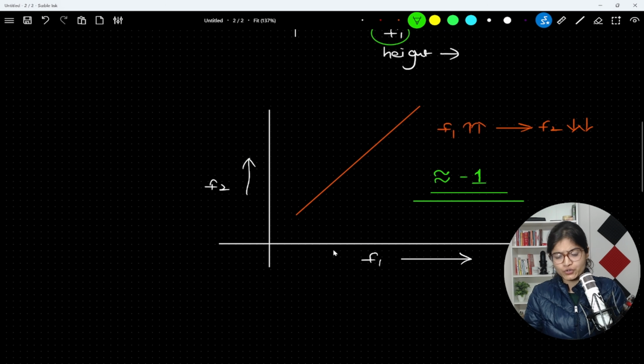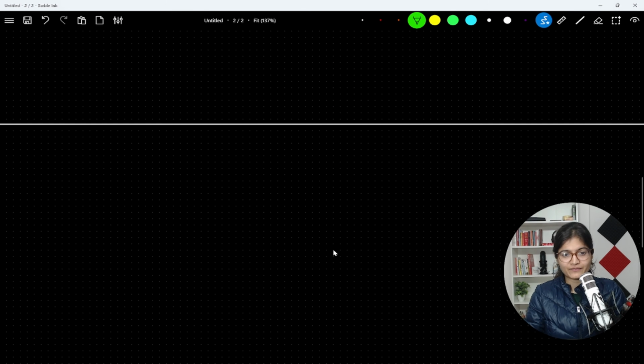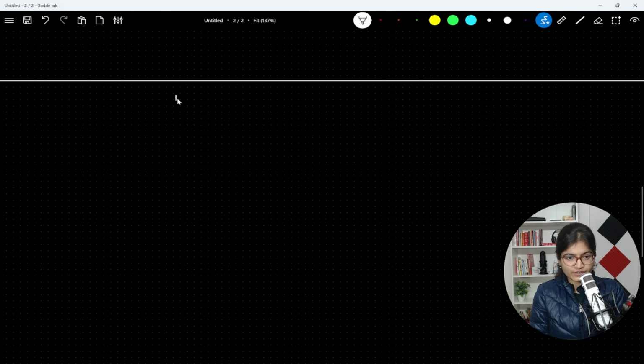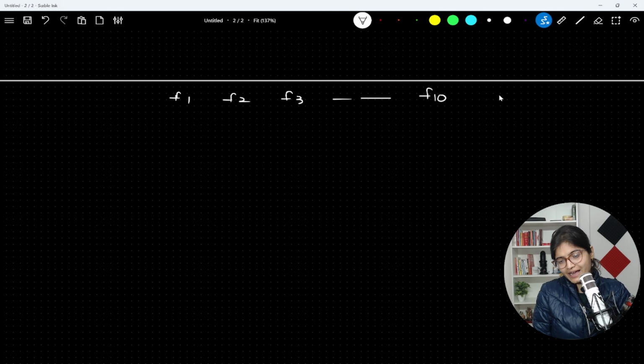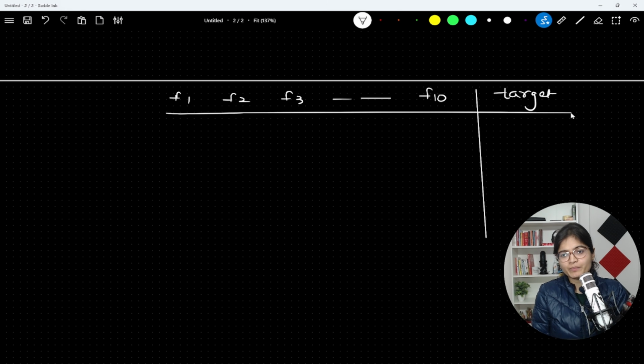So what usually happens is that, let's say we have features F1, F2, F3, up to F10, and let's say we have a target value available. It doesn't matter whether we are trying to solve a regression based problem or a classification based problem.